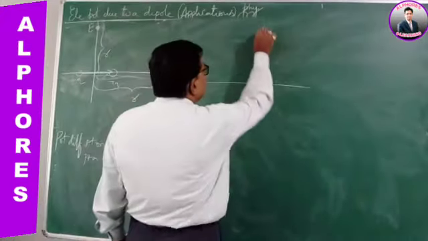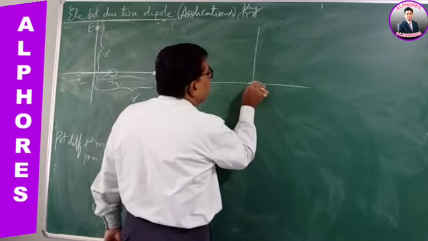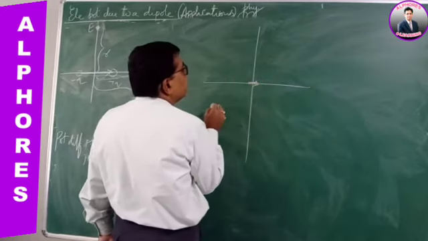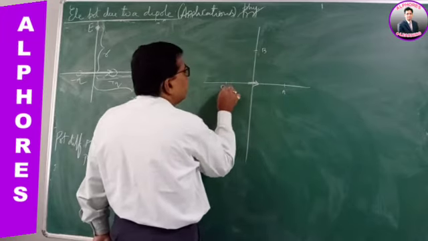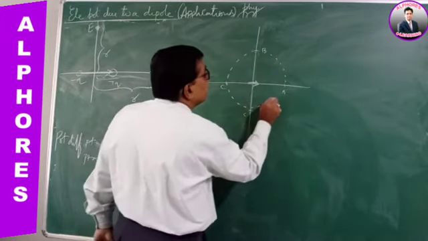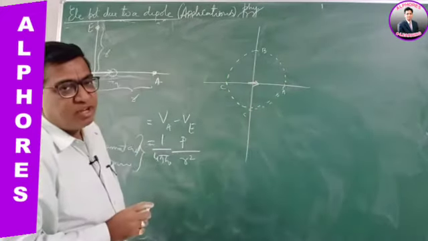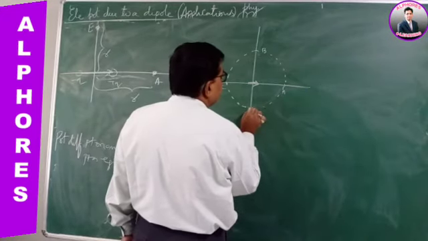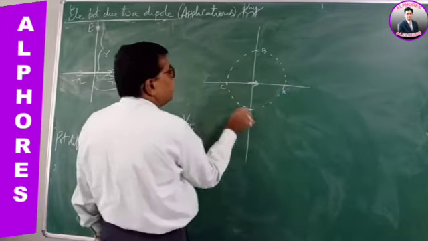Similarly, this is a previous entrance question: a small electric dipole is at the origin. There are 4 points on a circle whose center is at the origin, A, B, C, D like this.